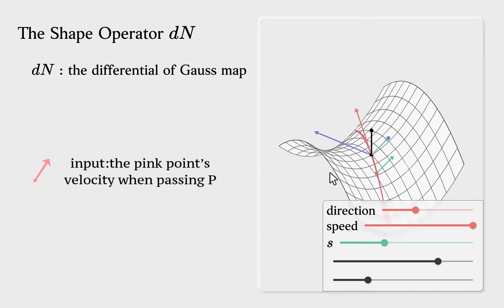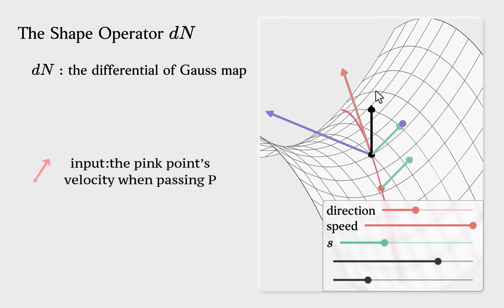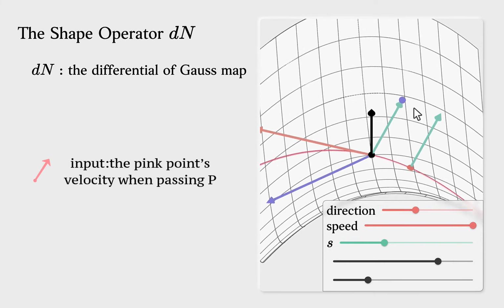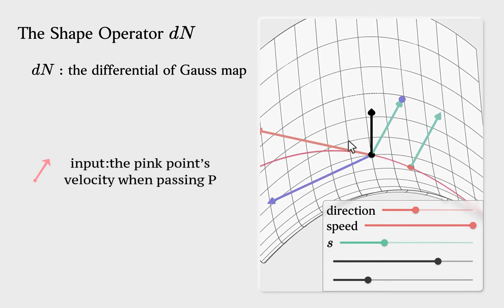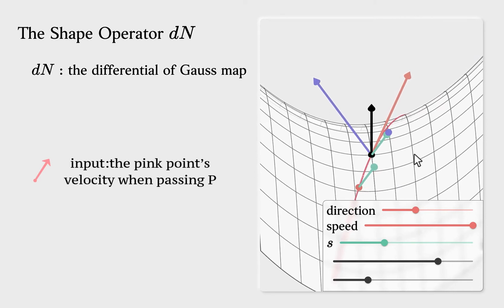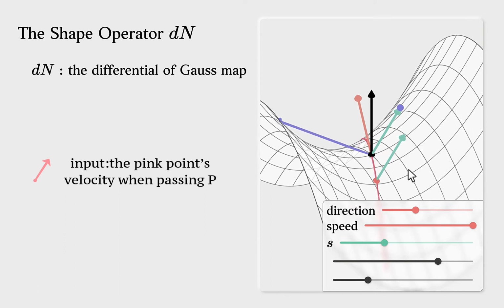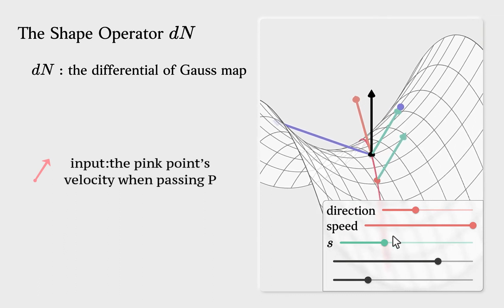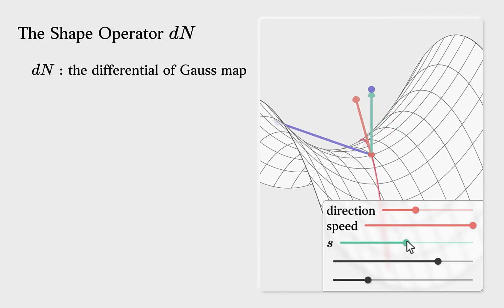It is the velocity with which we are going to pass through the point P. Given the vector, this pink vector, we can choose a curve accordingly. It's this pink curve on the surface. Our main point is this pink point, and now we can travel on the curve.